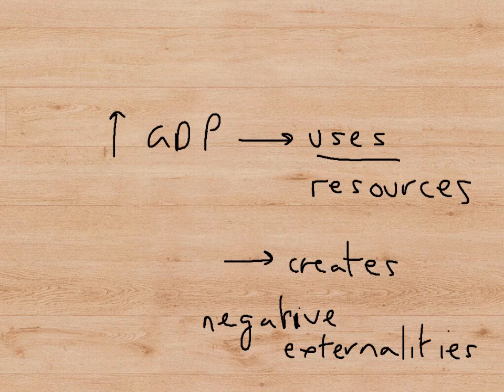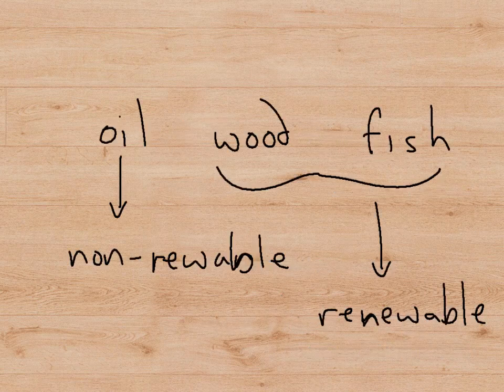We have to take into account that in producing an increase in GDP, we are using resources for a start. So let's identify what these resources are. We know that we label them as land, labor, capital, and enterprise, but some of those resources are what we call non-renewable. Oil, for example, is a non-renewable resource because there is only a certain amount of it in the world, and we can't make any more of it.